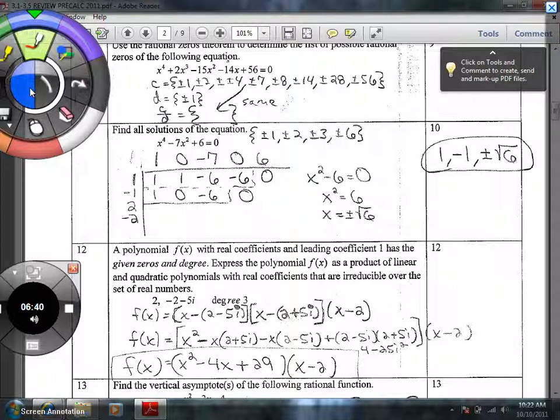Once you get it depressed a little bit, then use the depressed polynomial and try some more zeros until you get it down to where it's actually quadratic. And then once it's quadratic, you can say what the polynomial is, set that equal to 0 and use your quadratic techniques to figure out all the remaining zeros. Okay.